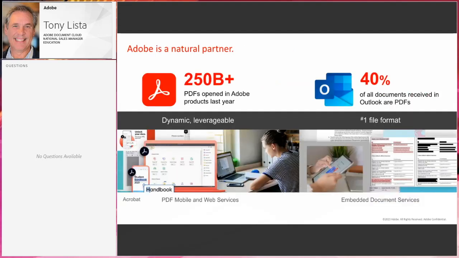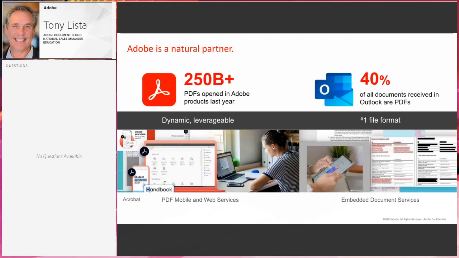Some other information just to set things up for when Dan is going to be showing you a demo. Each year, 250 billion, that's a B, billion PDFs were opened in Adobe products last year. And for those of you that are Microsoft shops, in Outlook, 40% of the attachments that come across are PDFs.